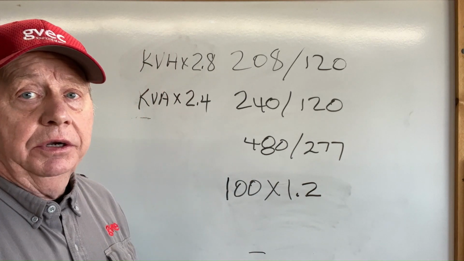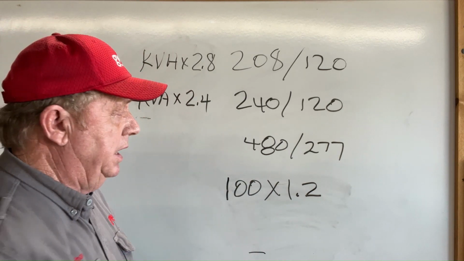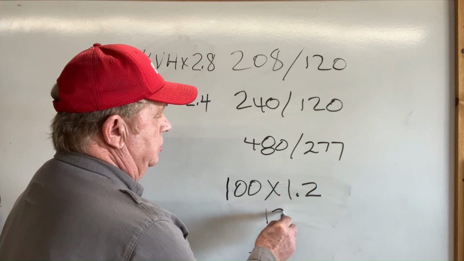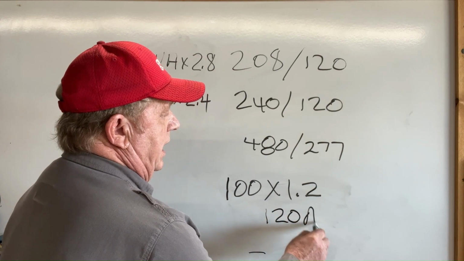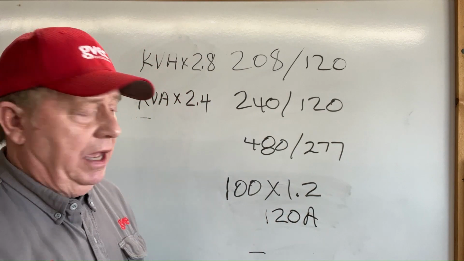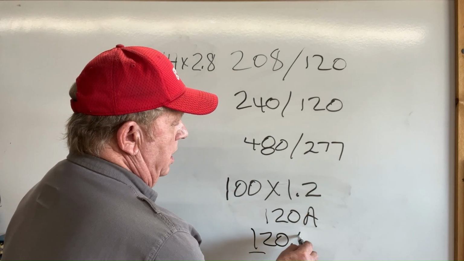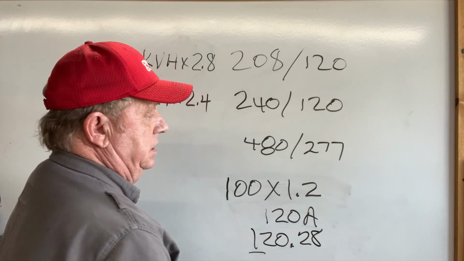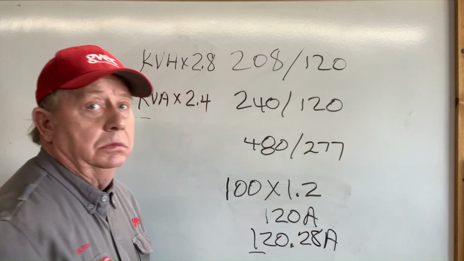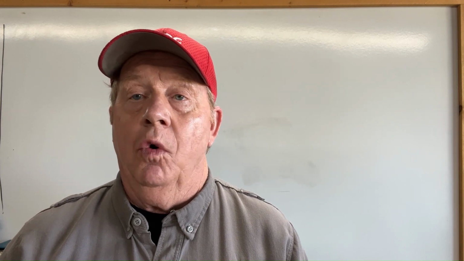So I have the 100 kVA transformer bank, and his output is 120 amps. I do the long math, I get 120.28 amps.